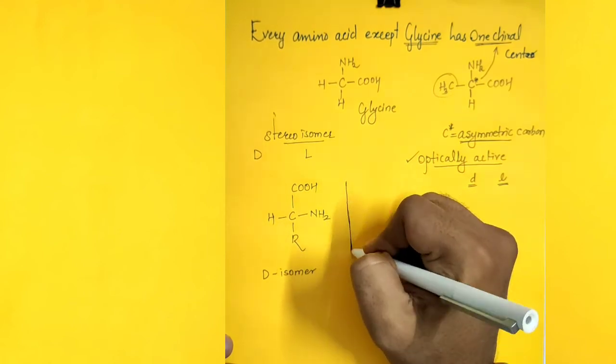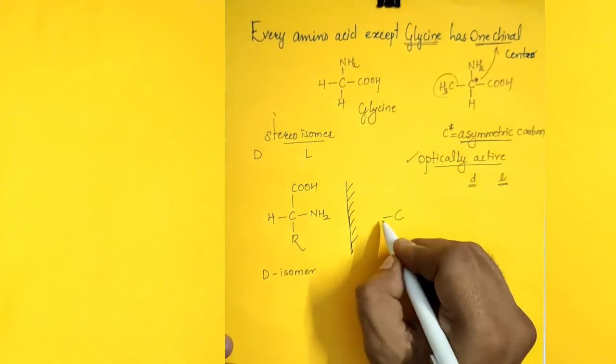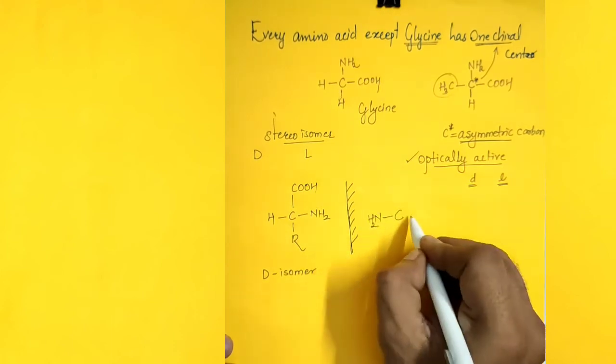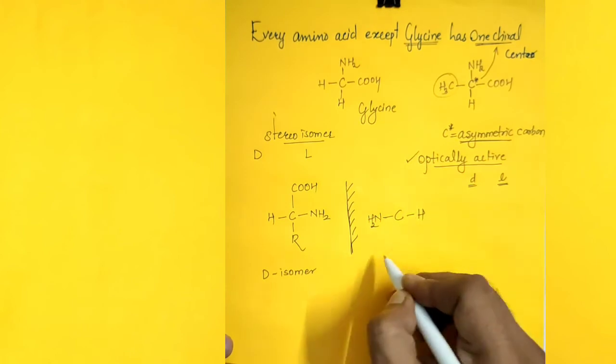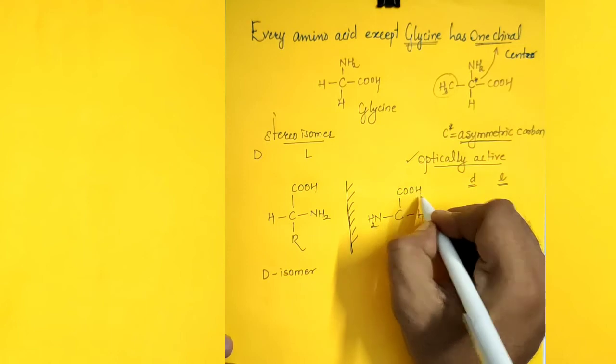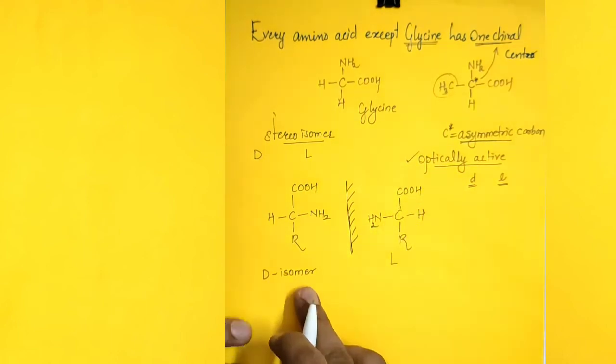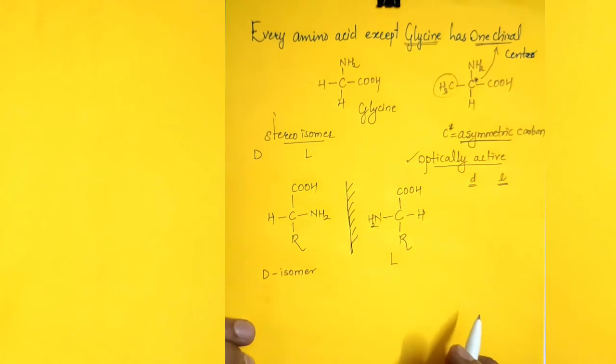This capital D denotes stereoisomerism. If you take the mirror image, NH2 will be on the left hand side, and it becomes the L compound. So that is D and L of the alpha amino acid.